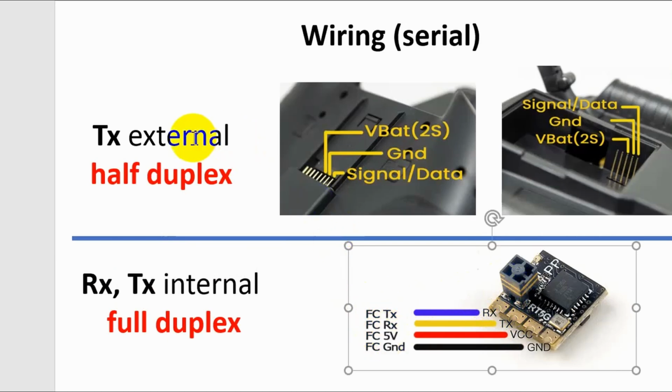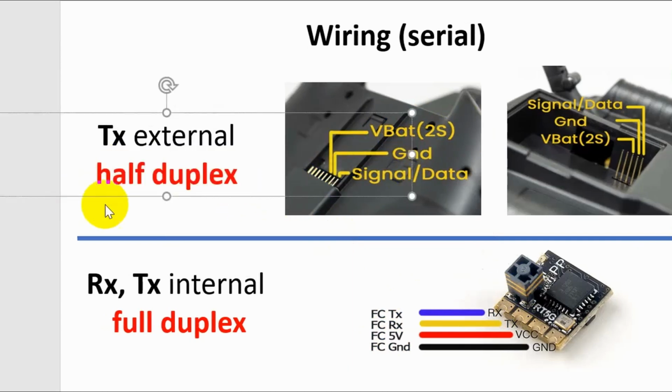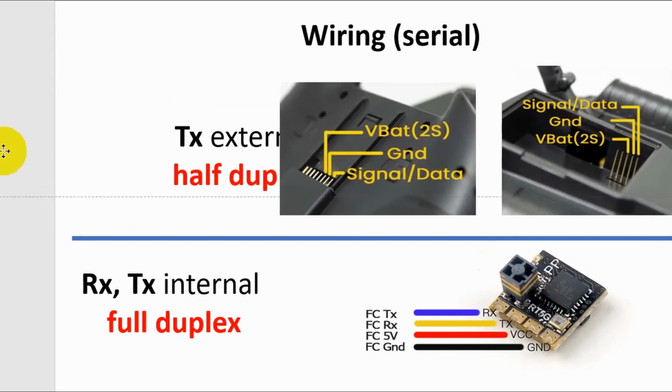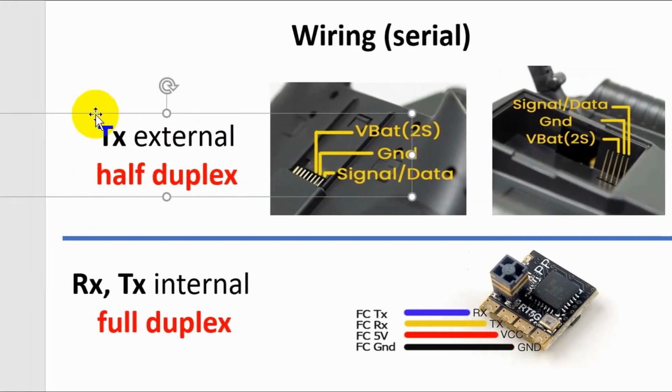At the same time, if you connect an external module, it has only 3 wires, which are actually power, ground, and signal data. That is, it uses 1 wire in half duplex mode, and it works 50-50.